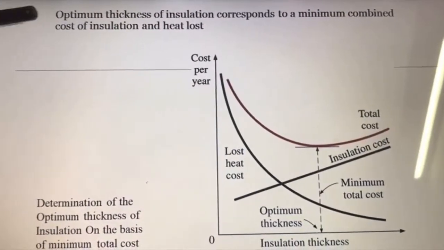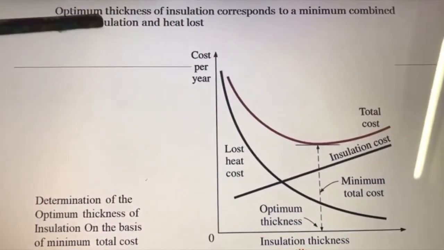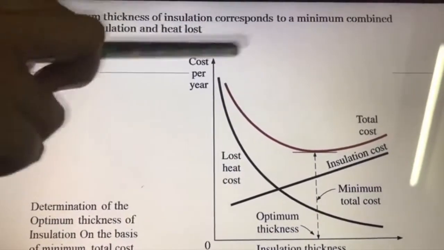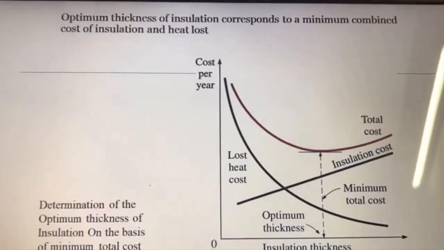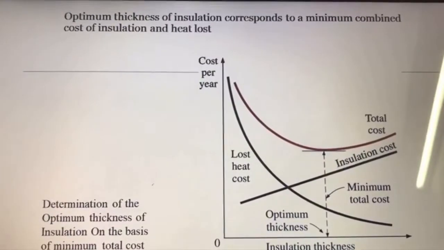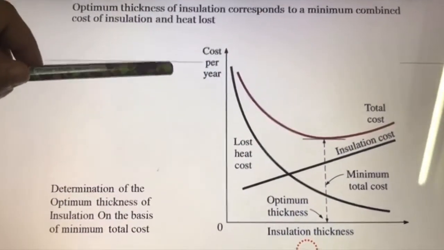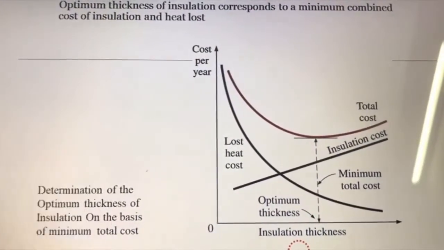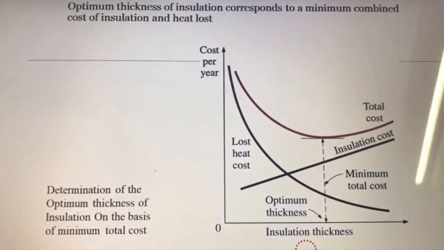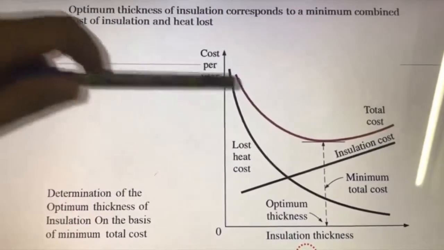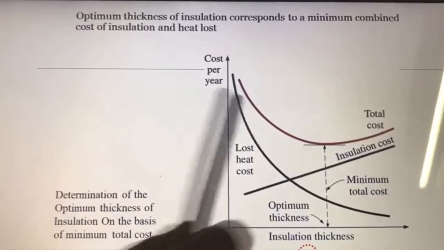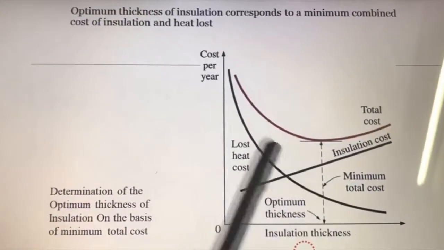So I will present about optimum thickness of insulation, which corresponds to a minimum combined cost of insulation and heat loss. So this graph is cost per year versus insulation thickness. From the graph, it contains 3 lines. The first curve is total cost.